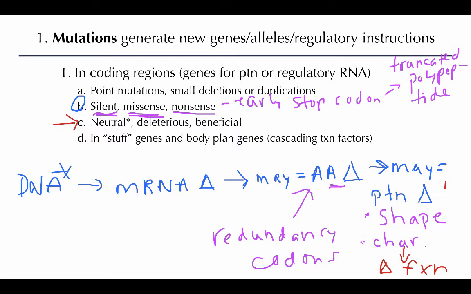Second, most frequently, they're deleterious, meaning that they are damaging or kill the organism. And sometimes they're beneficial. Remember, mutations are not good or bad. It just depends on A, the result, and B, the environment. All these are environment dependent, beneficial versus deleterious.